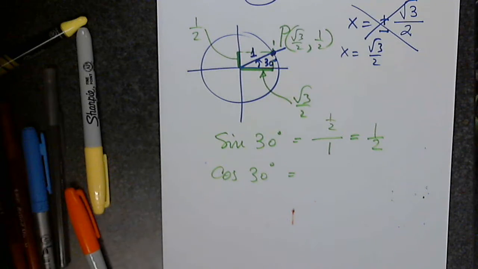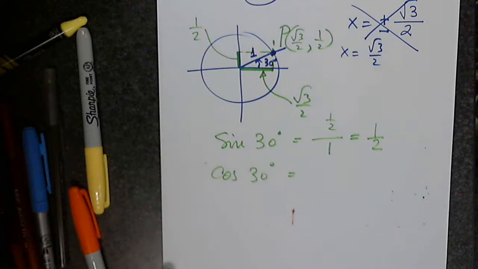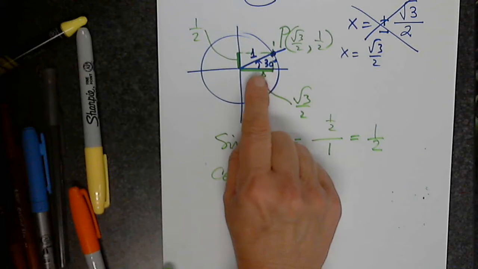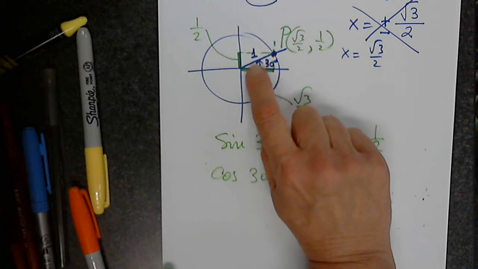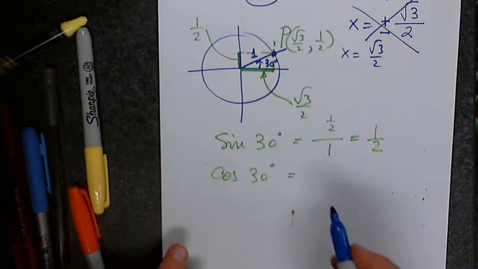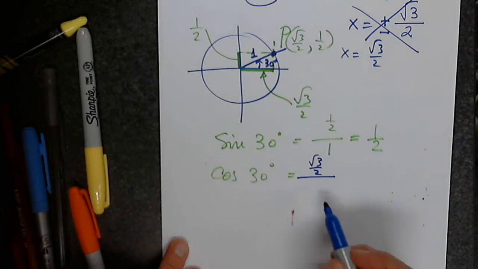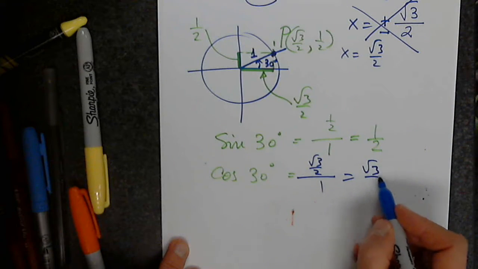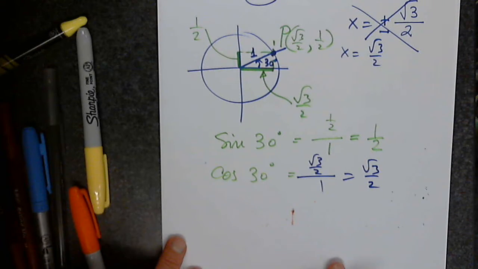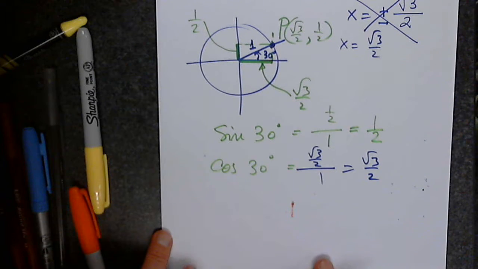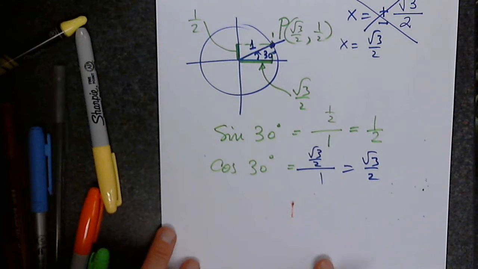Now I want to determine cosine 30. How do I determine cosine 30? Cosine 30 by definition is the adjacent over, good, so what should I write? Over 1. So it's the square root of 3 over 2. Any questions?